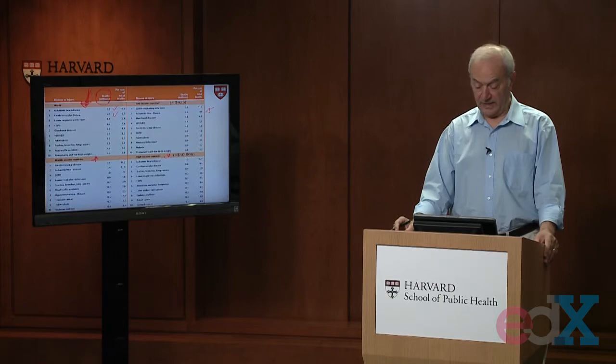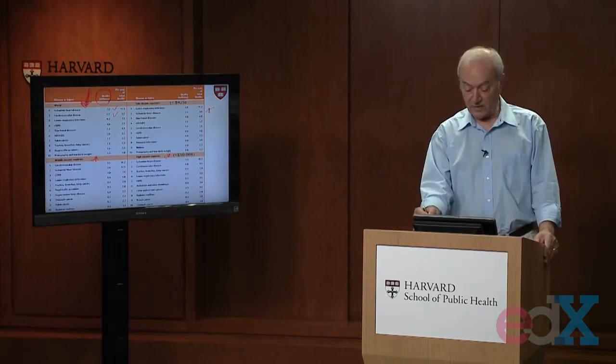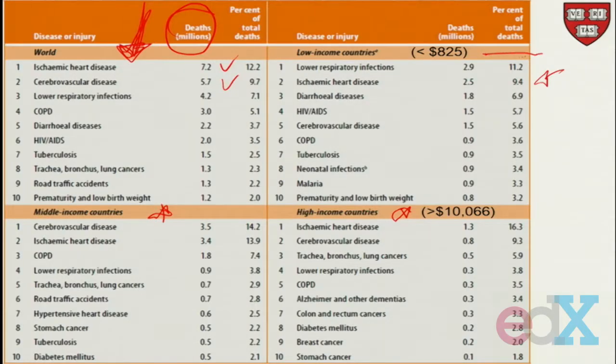And they base that on the average income per person in the country. So if that's less than $825, then that country is classified as a low-income country. And if it's more than $10,066, that's classified as a high-income country. And in between those two would be the middle-income countries.